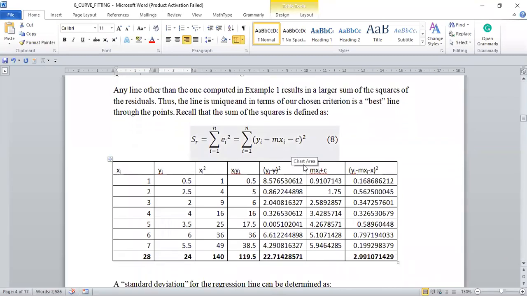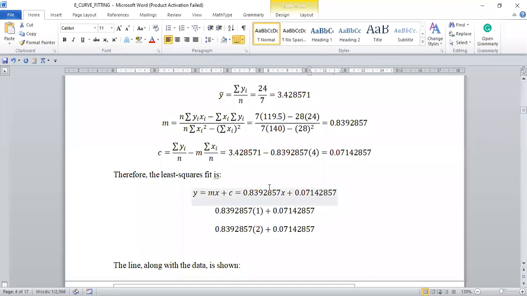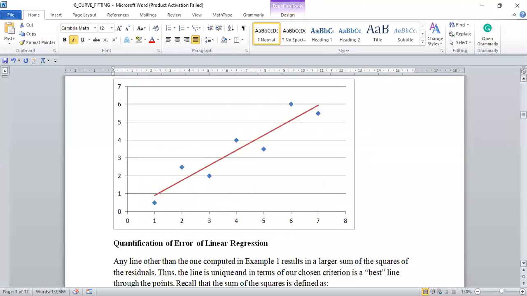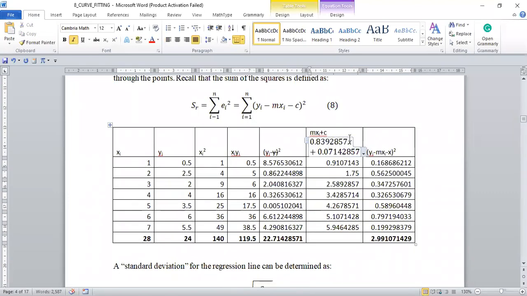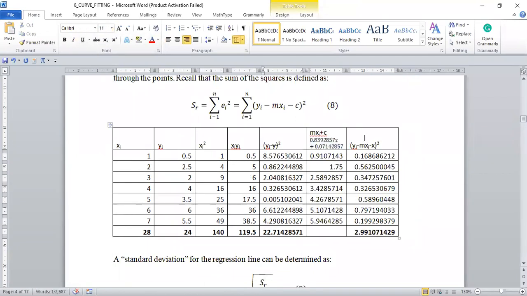Like I said, this was the table I'm looking for. These are mx plus c. The mx plus c is the equation we derived, and in place of x for this value, you just put in x here.